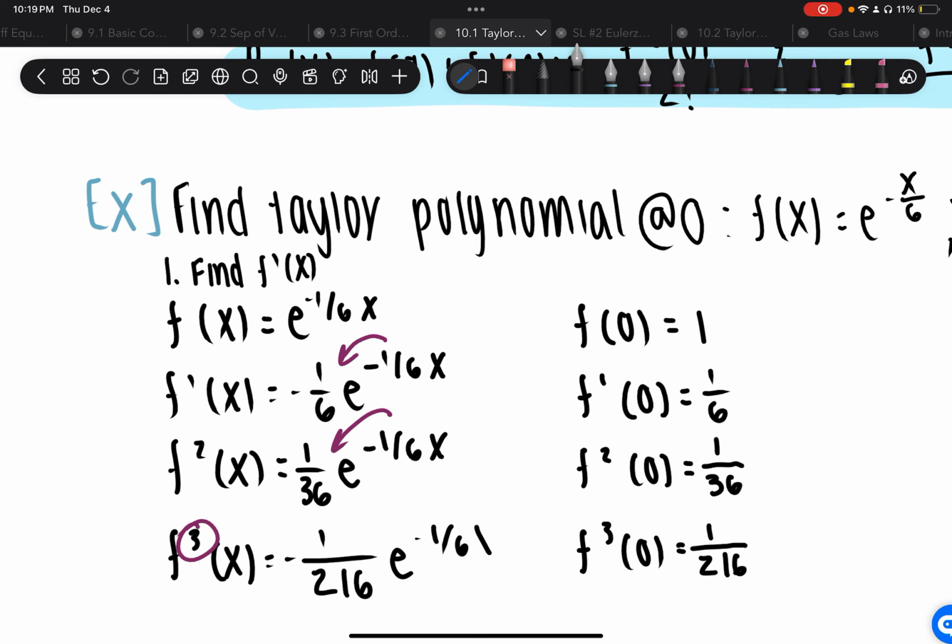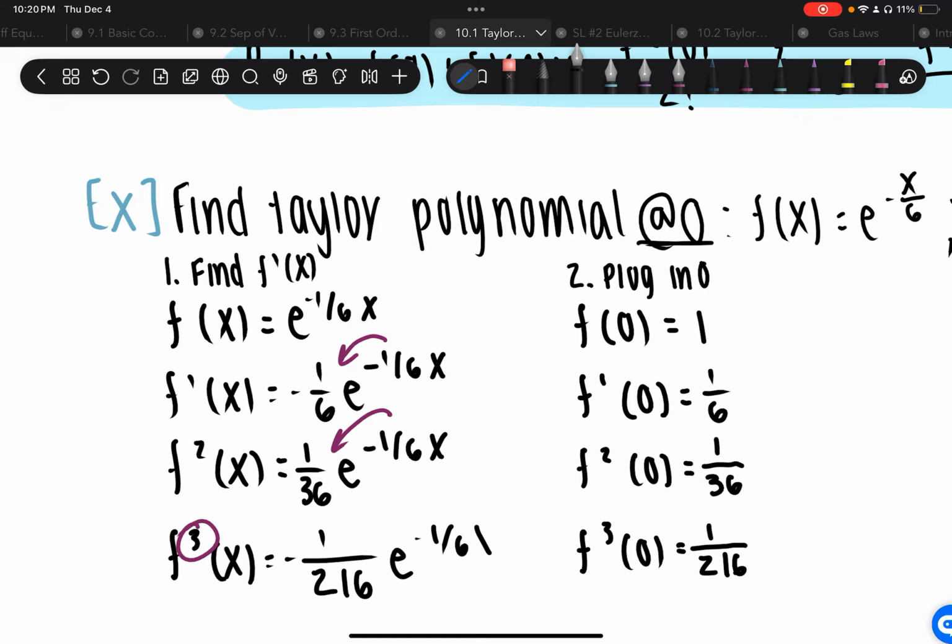And now our step 2, sorry, not finding coefficients. We are plugging in 0 because our polynomial is at 0.